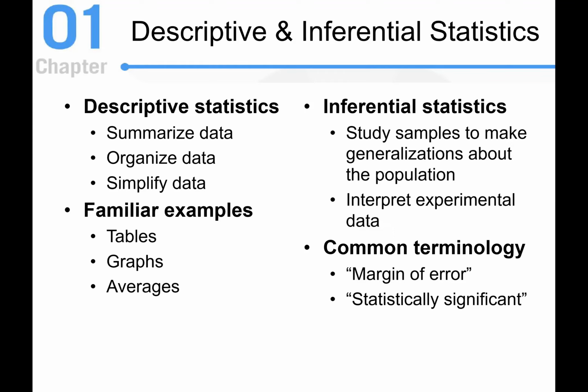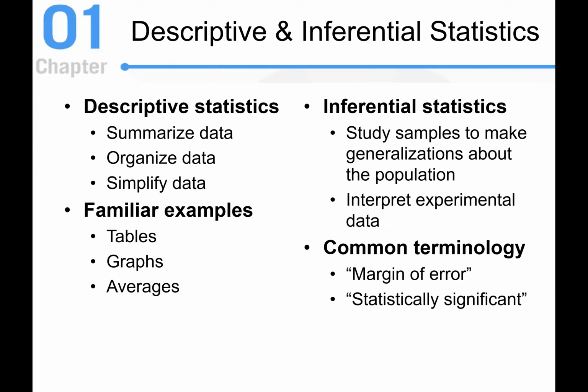This class, the later half of the class especially, is going to focus more on what's called inferential statistics. And the root word of inferential is inference, to infer, essentially to assume, all right, based off of good information.